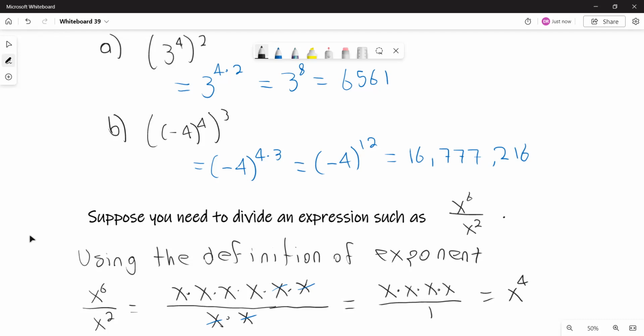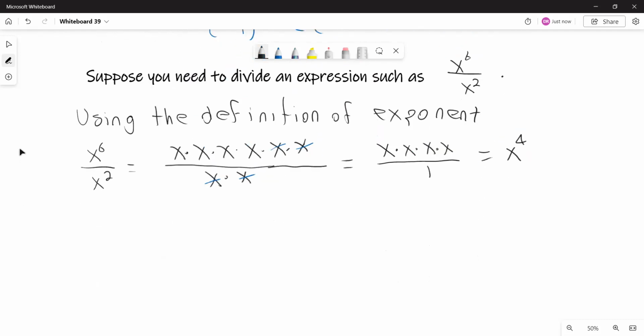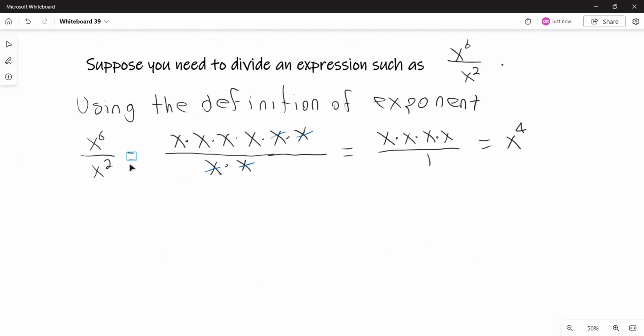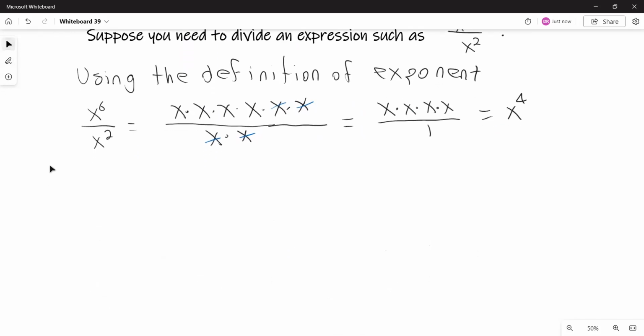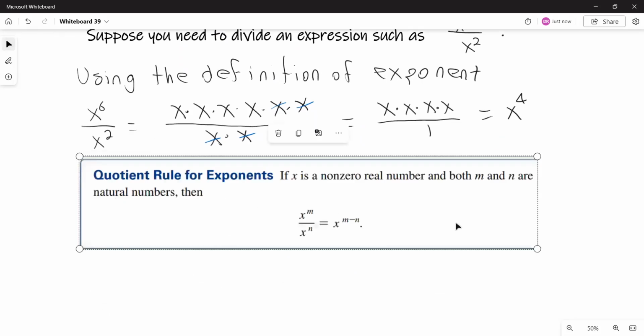The general rule is that if you have a quotient of powers with the same base, you can subtract the exponents. So this is page 284, the quotient rule.